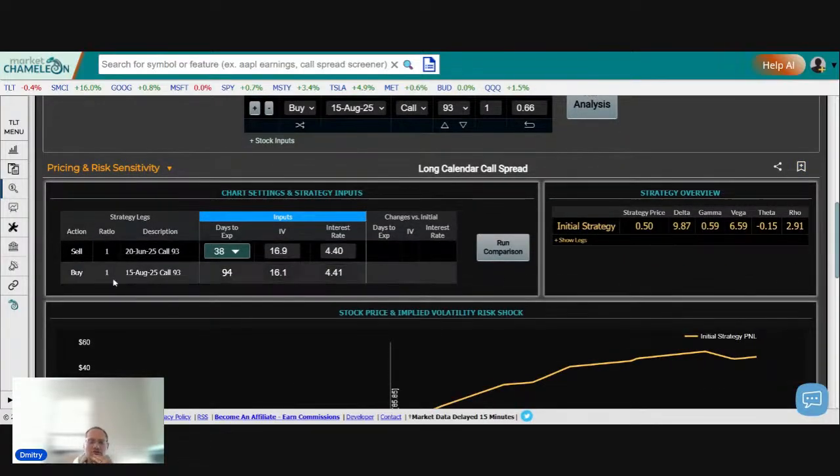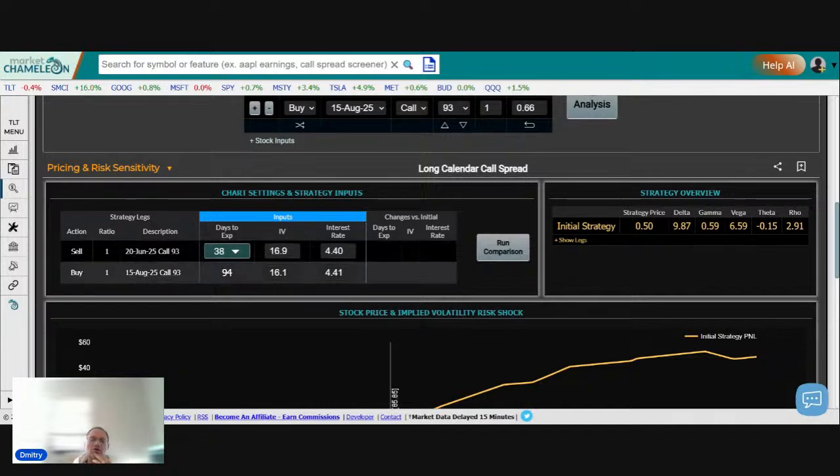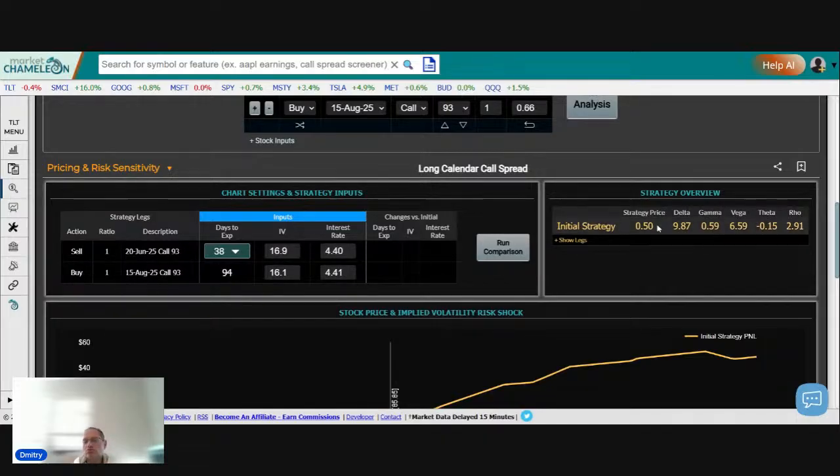And here we have the strategy legs: selling the June 20th 93 call, buying the August 15th 93 call. We have the days to expiration, the current implied volatility of each leg, and the interest rate that we're using on each leg. And here we see that the strategy price is 50 cents. And these are the delta, gamma, beta, theta, rho.